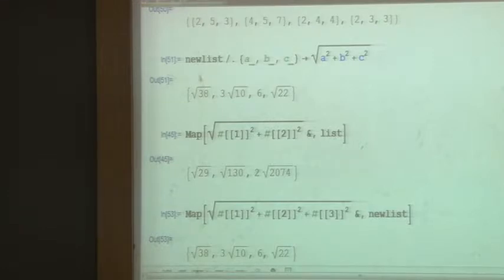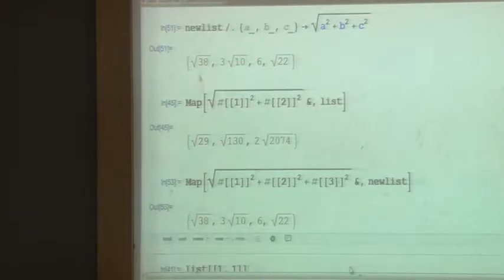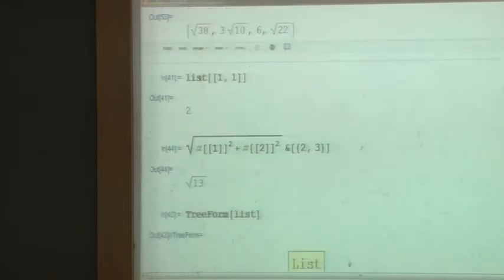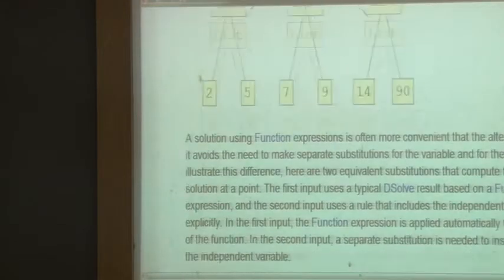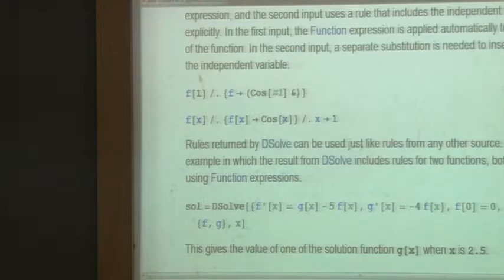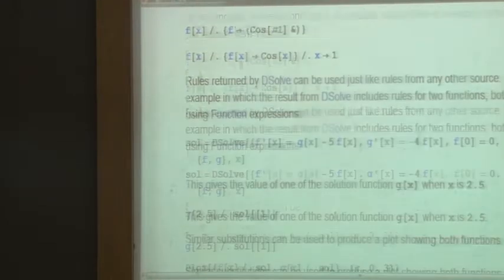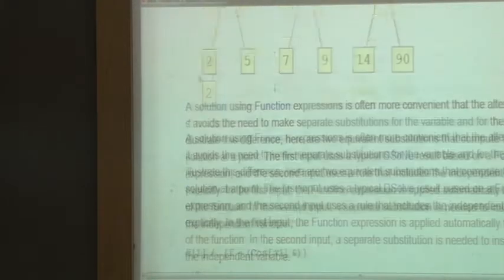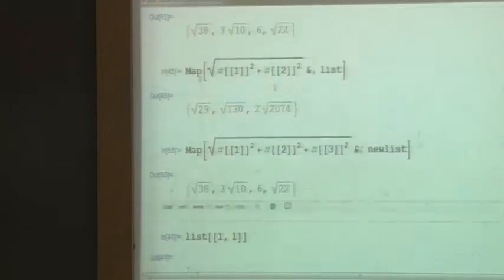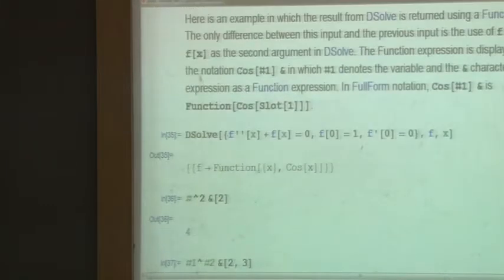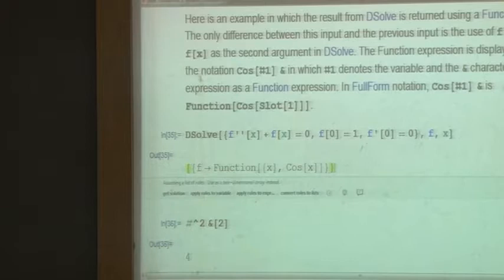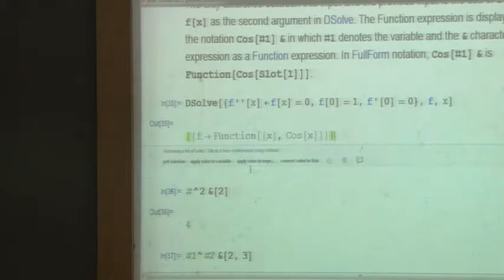Alright, so that's an example of pure functions and rule-based. We don't have time to cover everything, but I wanted to do it in the context of solving this one because, as I mentioned, the solution is being given to us in the form of a pure function. So f is a pure function, it's a cosine.